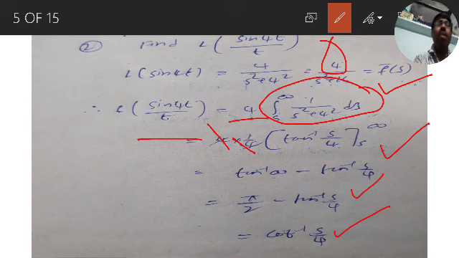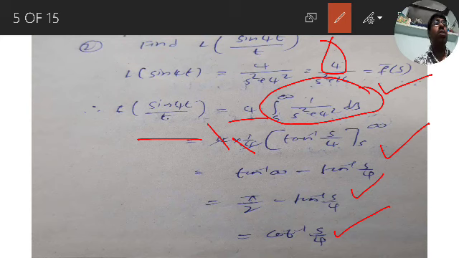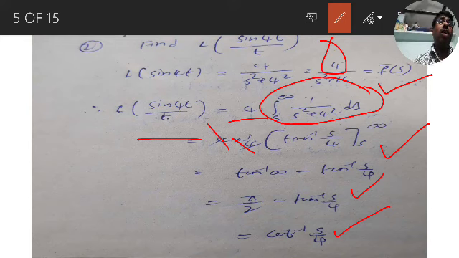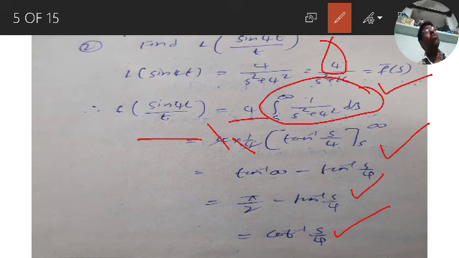If it is 5 into sin 4t, then you should go for the linearity property, constant outside. So depending on the given problem, you have to choose the method, whether it is linearity property, first shifting, change of scale property, second shifting theorem, multiplication by t or division by t. So you have to choose the method and solve.